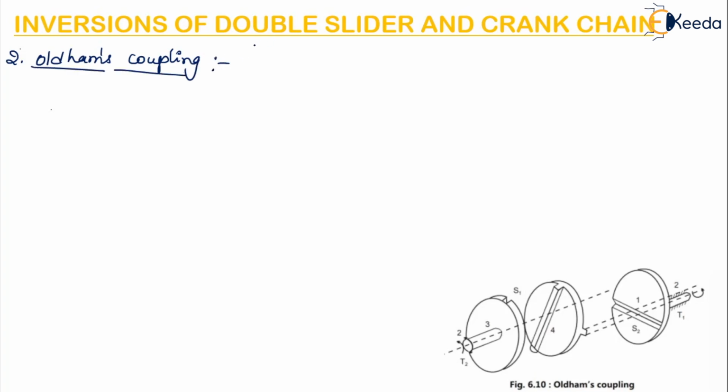In this case, link 2 is fixed and the mechanism obtained is called the Oldham's coupling. You can see this link 2 is fixed, which is symbolized here.